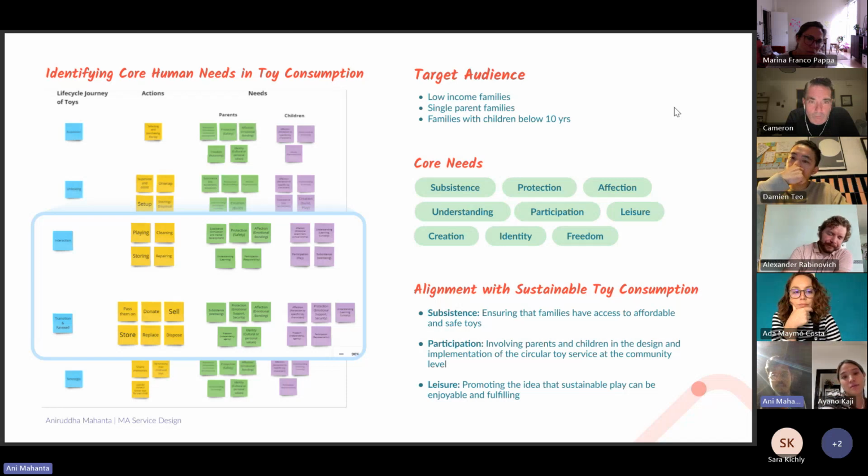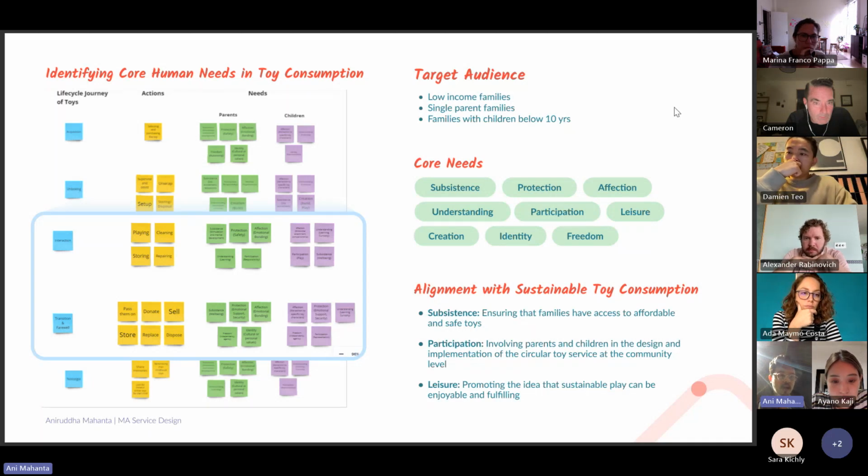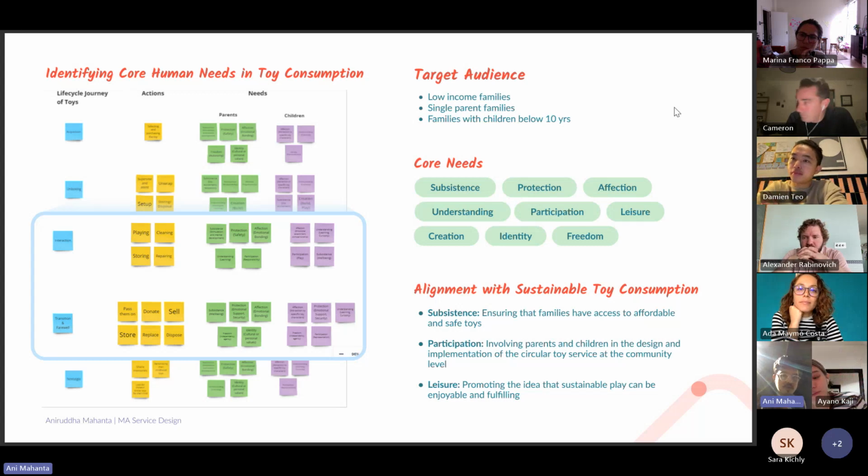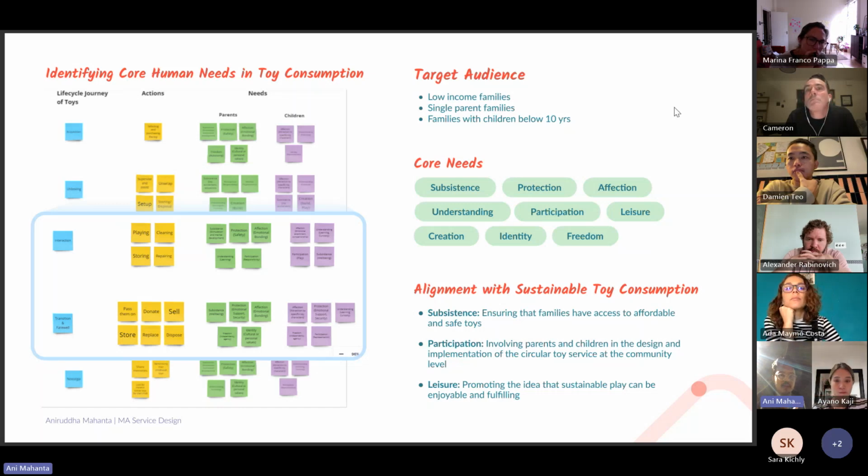On the basis of all the interviews I have had with parents, about 24 parents that I interviewed, I categorized different activities according to the life cycle of the toys: right from acquisition, selecting and buying the toys, to the unboxing experience, to the interaction stage where they are playing, to the transition and farewell, and even the nostalgia later on when kids grow up and no longer have those toys, and even adults remembering their childhood and the joy they had from playing with their toys, and the kind of needs that parents have and the kind of needs that children also have related to toys.